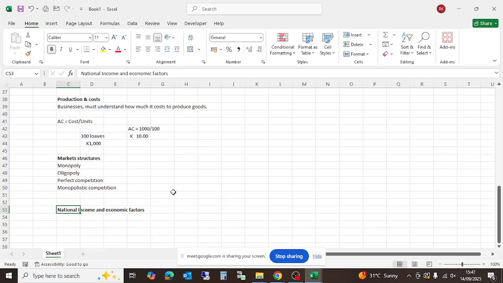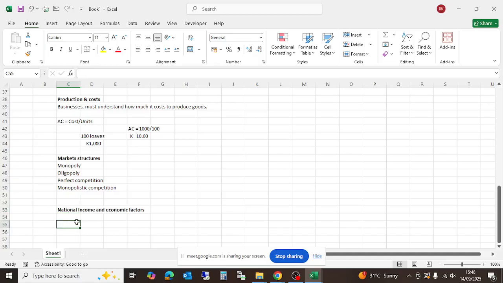So under the national income, we'll get to understand our GDP, the gross domestic product, which represents the value of all goods and services produced in a particular country. And then we'll get to understand things like inflation, which is the general rise in prices over a specific period of time. And then afterwards, we'll get to learn unemployment, when people are willing to work but have no jobs. By the way, when you talk about unemployment, you're not saying people are not working.